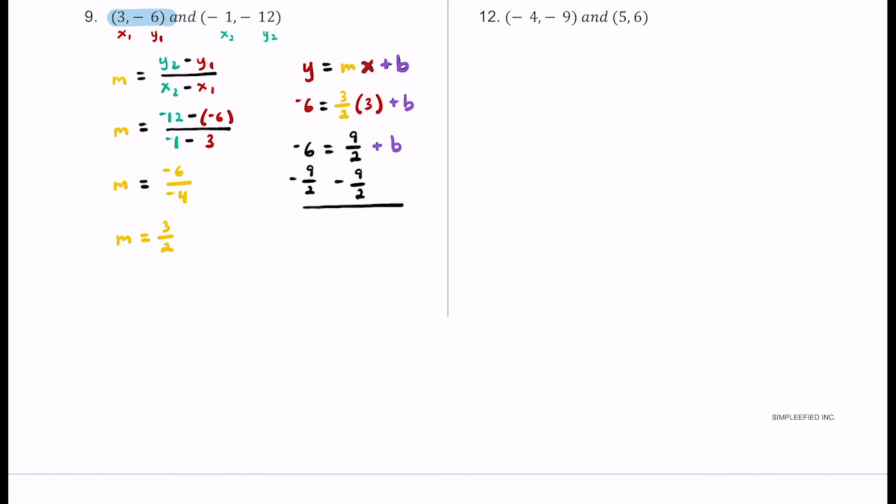But we can go ahead and say here that -10.5 is going to be equal to this b value. And so we can turn around and say b is equal to -10.5. So we have our slope, we have our y-intercept, and so we can write our linear equation, say y is equal to 3/2, so 3 over 2x minus 10.5. That would be our linear equation.